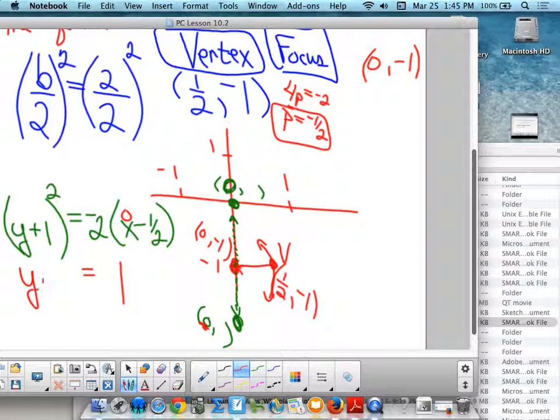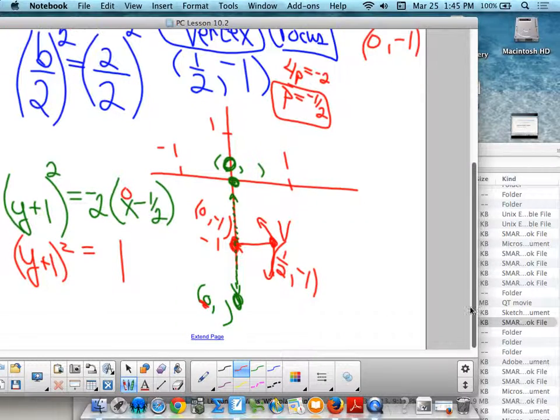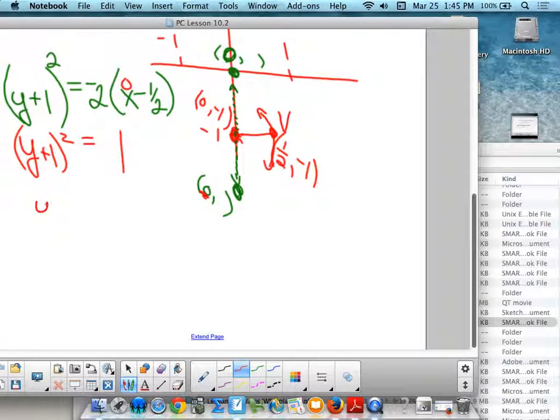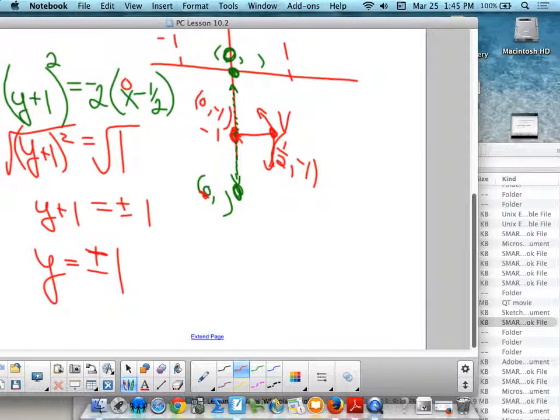And then, of course, you start solving by doing what we've been doing. Square root of both sides. Once you take the square root of both sides, you get y plus 1 equals plus or minus 1. What are the y values? Negative 2 and 0. There it is.